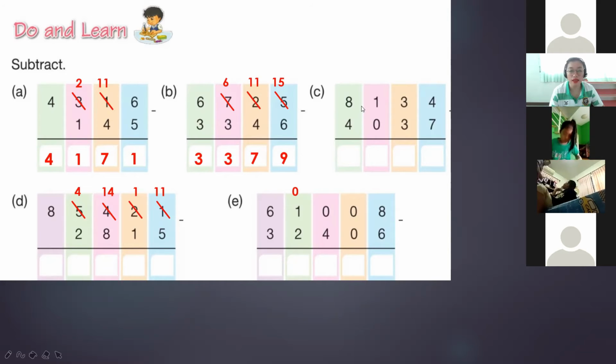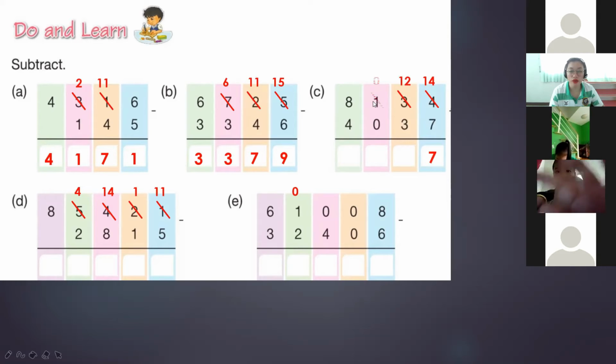Let's proceed to letter C. We have 8,134 minus 4,037. Let's start with the ones place. In the ones place, the minuend is smaller than the subtrahend. So we're going to borrow from 3. So 4 will become 14. So 14 minus 7 is equal to 7. 3 will become 2.